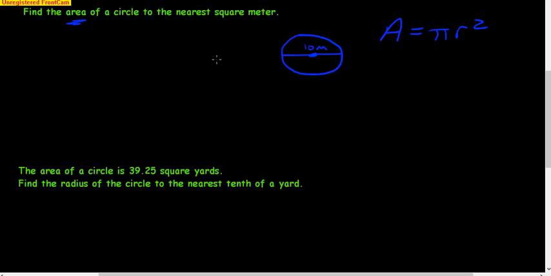Well, I look over here, and my area of a circle formula doesn't have diameter in it. So what do I do? Well, if I know the diameter is 10 meters, then we said that the radius is just half of that. So that means the radius is 5 meters.